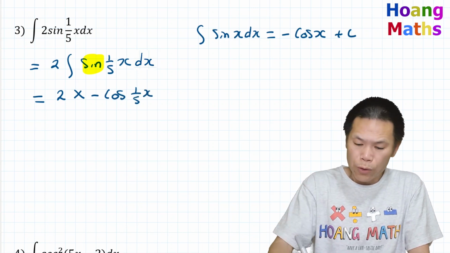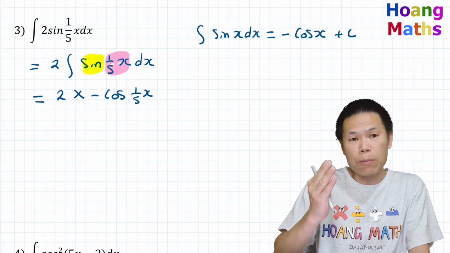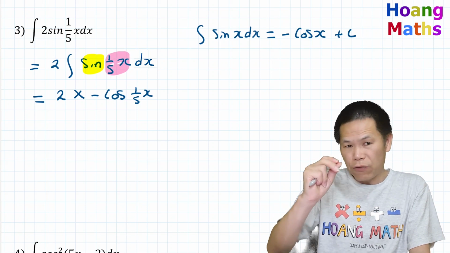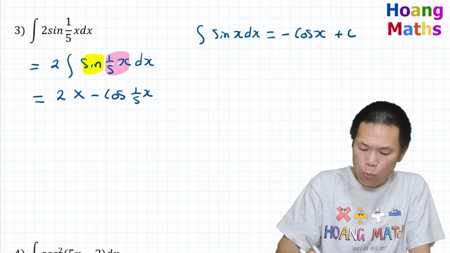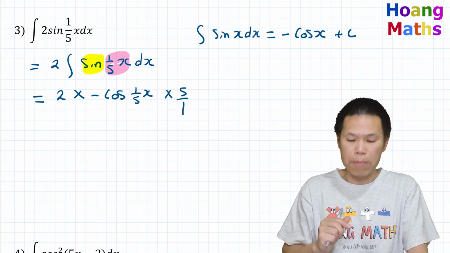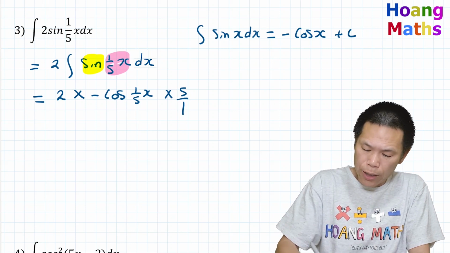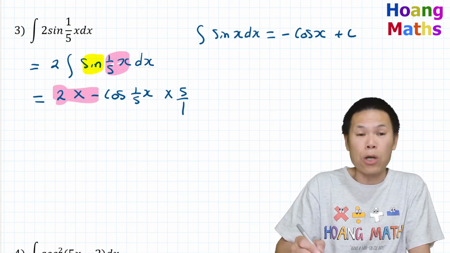And then what we do, we differentiate the angle. Differentiate 1/5 of x will give me 1/5. And then we divide by 1/5. If you divide by 1/5, it's exactly the same as times by 5 over 1. We flip the fraction, remember? So what I do, I just simplify this. Negative times a positive gives a negative.